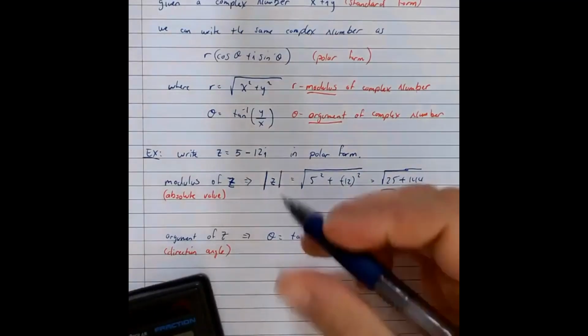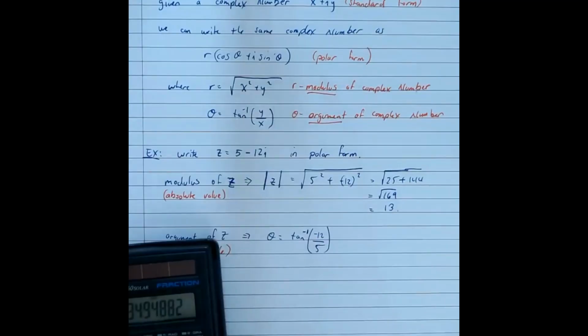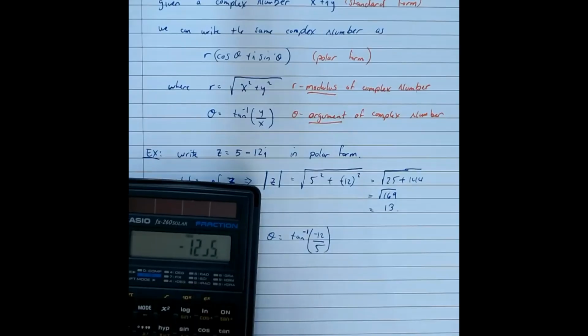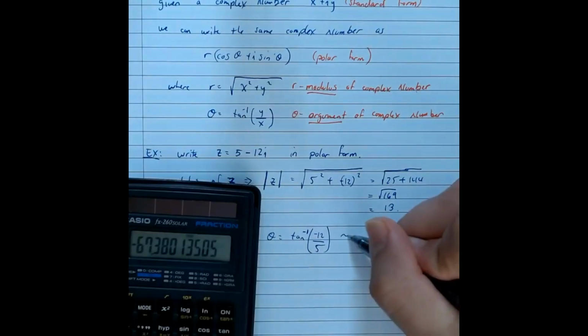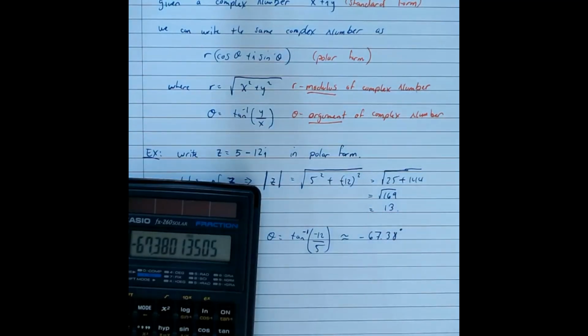That should be inverse tangent, not tangent. If we take negative 12 over 5 and take the inverse tangent, that's approximately negative 67.38 degrees.